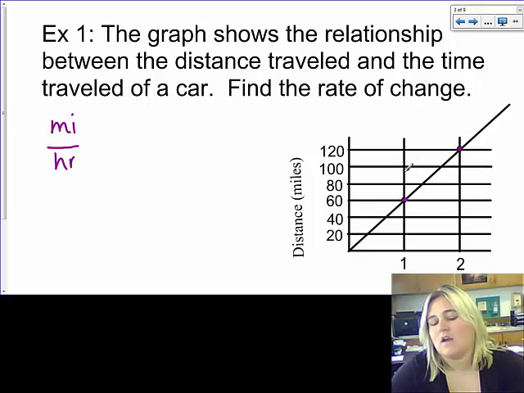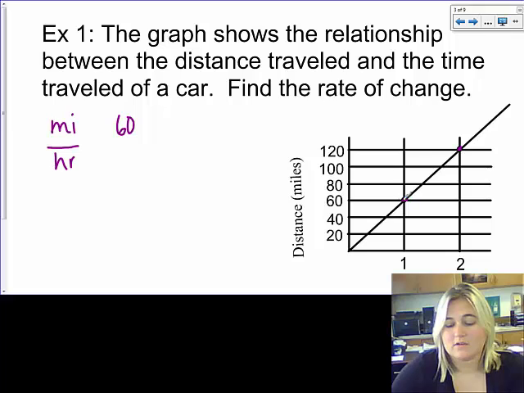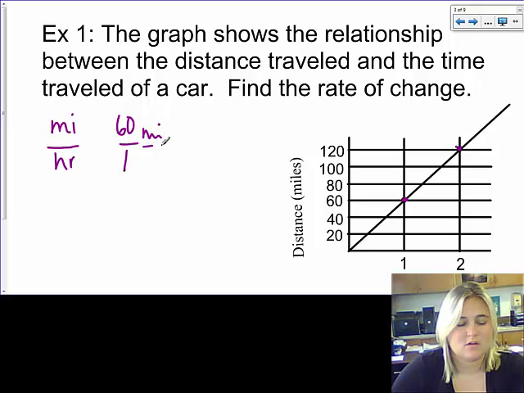From this point I'm at 60, and this point I'm at 0, so the difference there is going to be 60. And the time here is 1 hour, and the time here is 2 hours, so the difference there is 2 minus 1, which is just 1, which gives us 60 miles per hour.